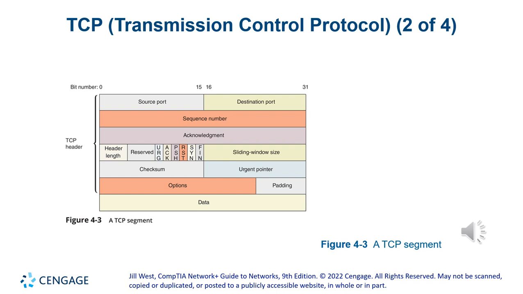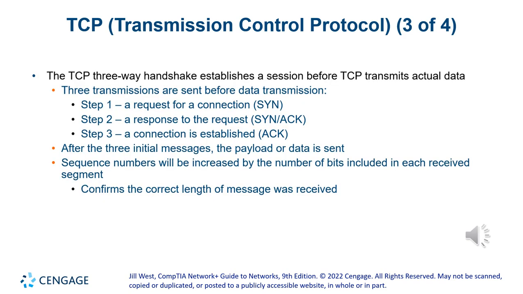Then you have the urgent pointer, you have some options, you have some padding. Padding is just in case you don't fill up all the fields and there's some space there; you have to use the whole header. So you put some padding, and then your data is there. So that whole TCP header is the first 6 lines of that header.